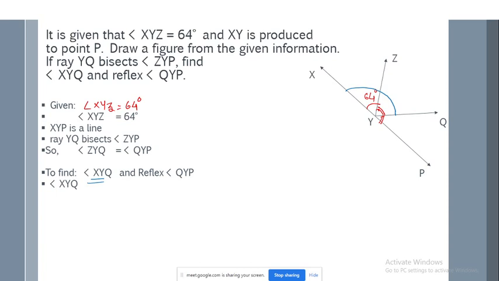Pavan also got 122. Then I'll ask one of you how you get that answer. Okay, Pavan, can you tell me how you arrived at 122 degrees?